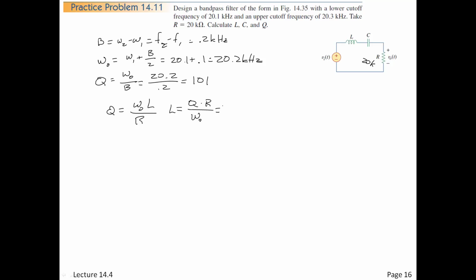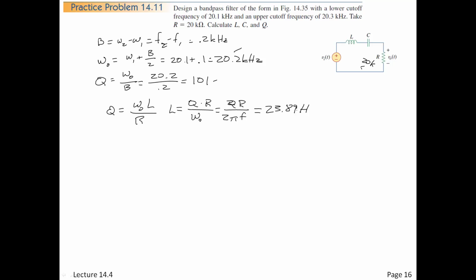And remember we're talking about omega zeros, so we have to be careful to say QR over 2 pi f, since we have f. If we put in all those numbers, which we now know, here's 101, here's the center frequency, and we know the resistance.